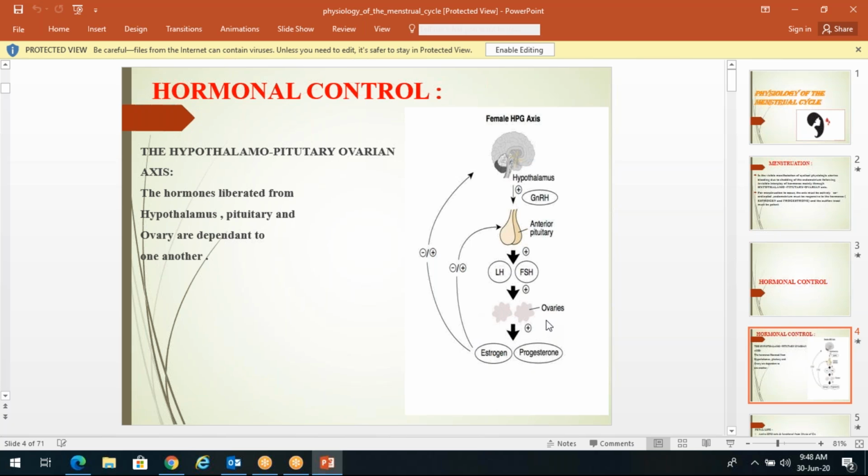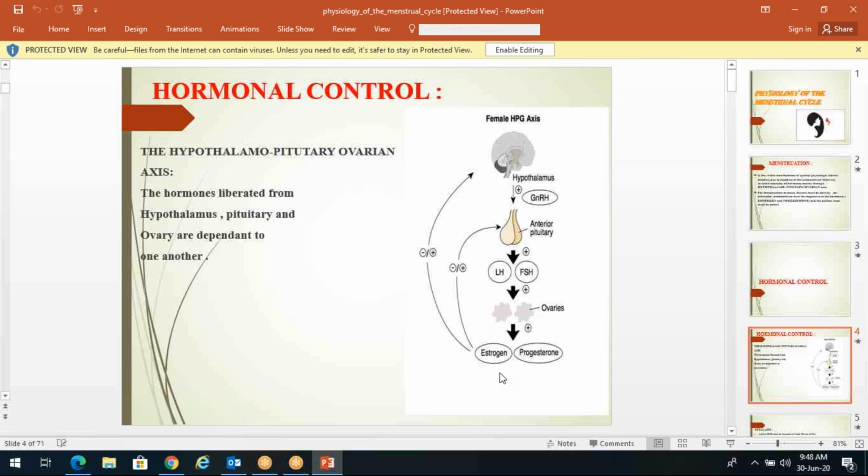In the ovary, there is the primordial follicle, which develops into the primary oocyte and secondary oocyte. So LH and FSH help in the development of the secondary oocyte, or Graafian follicle, from the primordial follicle, which in turn will result in ovulation. Prior to ovulation, what is the main hormone released by the ovary? It is estrogen. After ovulation, what is the prime hormone produced by the ovary?